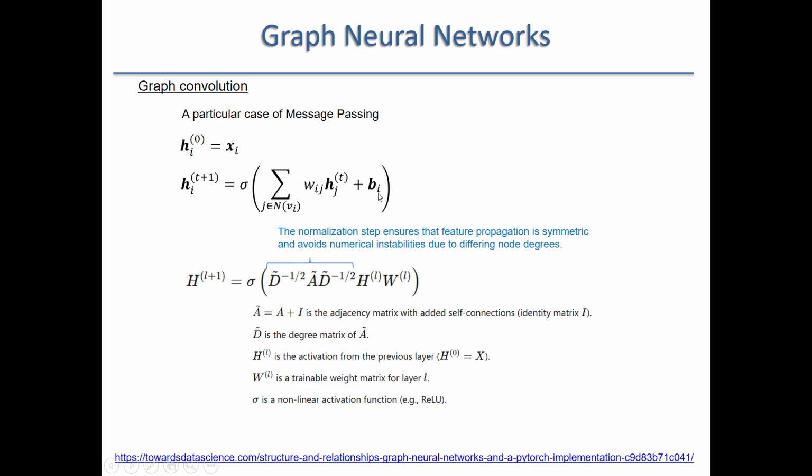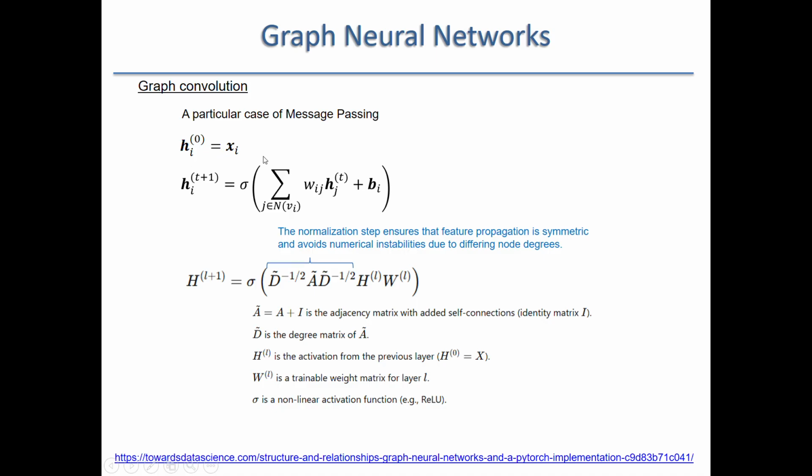There is a bias, the hidden state for the neuron J, where J is one of the neighbors of I, and then the weight of the edge between I and J, and this is at time t.